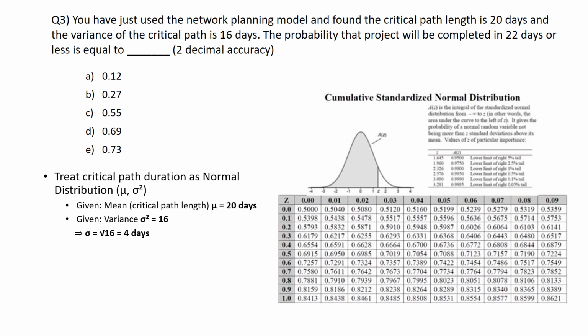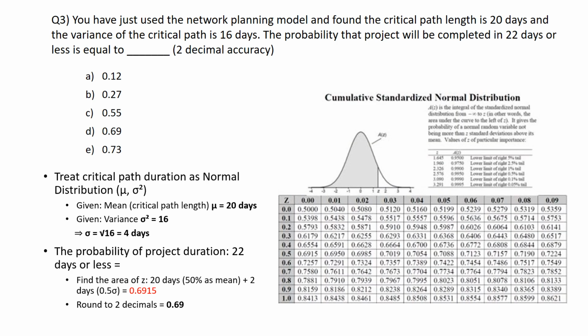So probability that project will be completed in 22 days. So what is sigma here? That is square root of 16, so it's going to be 4 days. So 22 days is 20 days as the mean plus 0.5 sigma, half sigma.